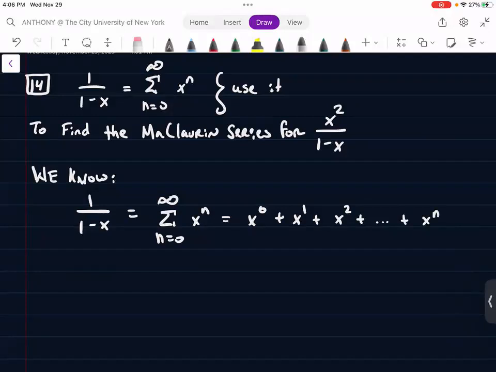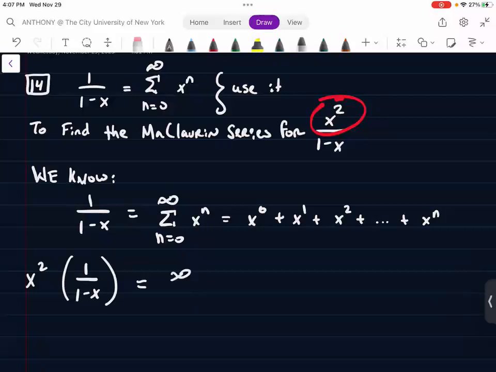Now, essentially, the only difference between this function and the function that's given to us is the x squared, right? So if I manipulate this series to have an x squared in the numerator, then I just multiply it by x squared. If I take 1 over 1 minus x and multiply it by x squared, then I have to also multiply the right-hand side of the equation by x squared.